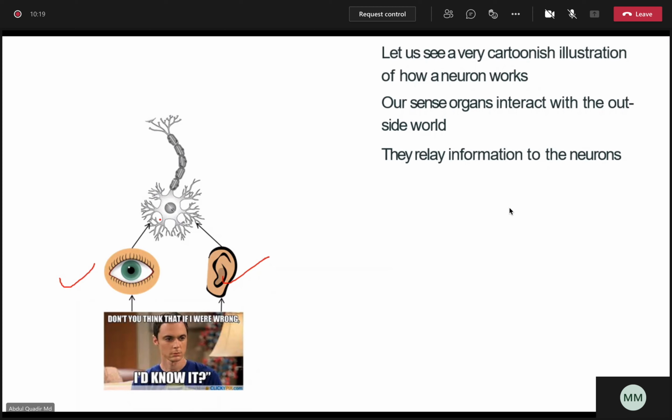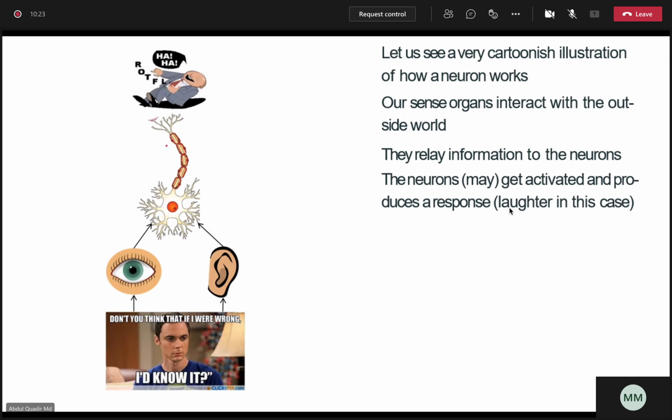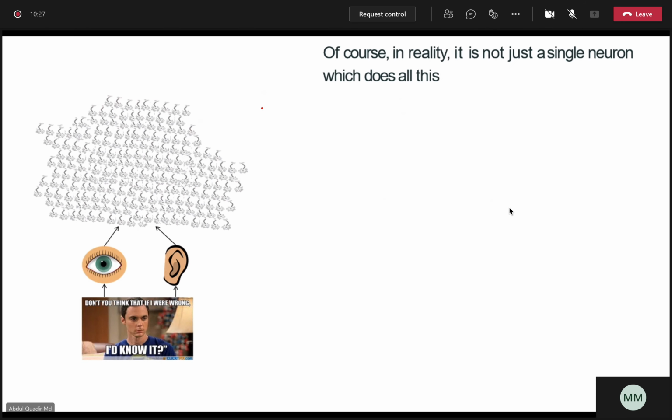Say, for example, you see and you hear, then you decide, then your neuron shoots up. Then you decide whether you want to laugh or not. Of course, it is not a single neuron which does all these things. Neurons are basically in hierarchical layers.